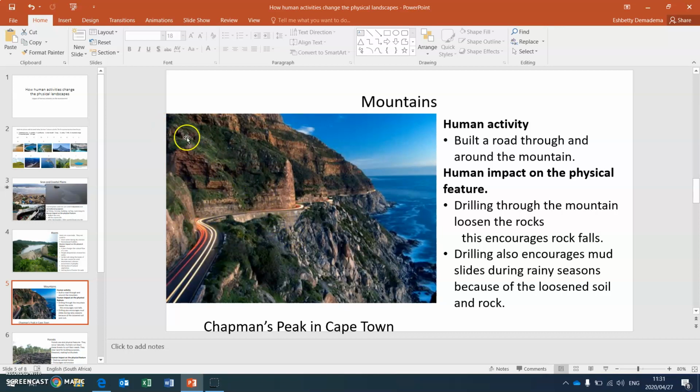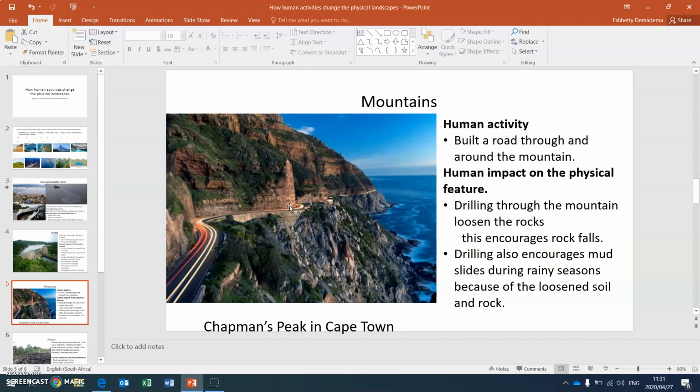And if there is a river that was starting right at the top of the mountain, remember we said our rivers start high up in the mountains. So if there's a river that was flowing from up the mountain, we actually change the flow of the river by creating these roads here.